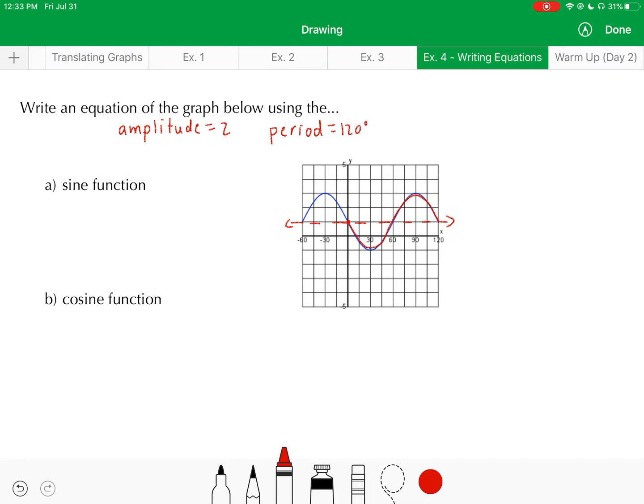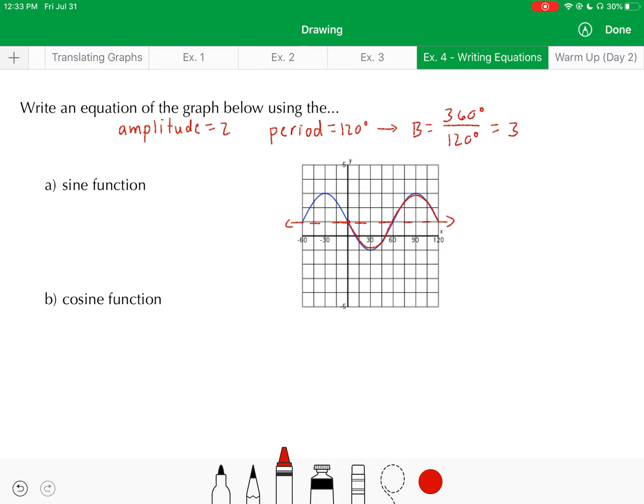And the period leads me to the b value associated with my equation for the function. Okay, so the b value will always equal the normal period for a sine or cosine function of 360 degrees divided by the actual period of the function you're working with, which will give me a b value of 3.